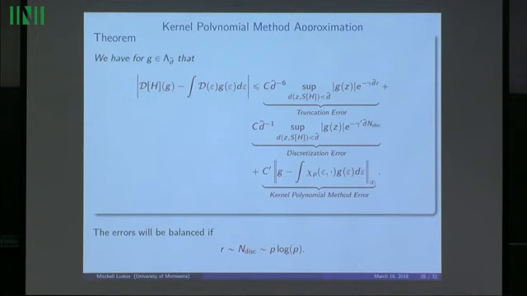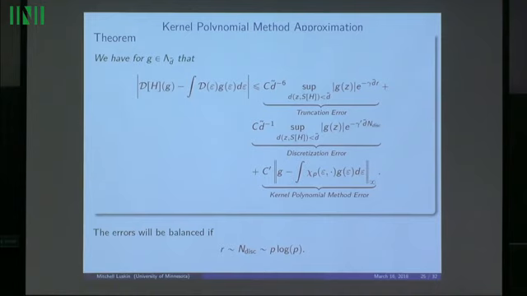And so what we end up with is all these estimates, right? We have estimates for the truncation error, like how things converge when r goes to infinity. We had an estimate on the discretization error with respect to the shifts b.